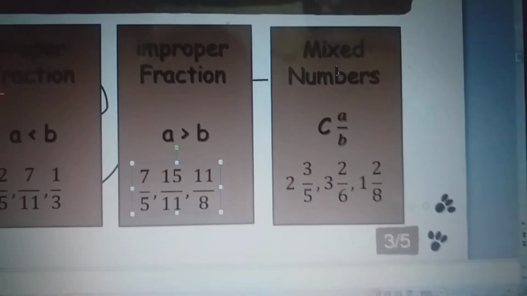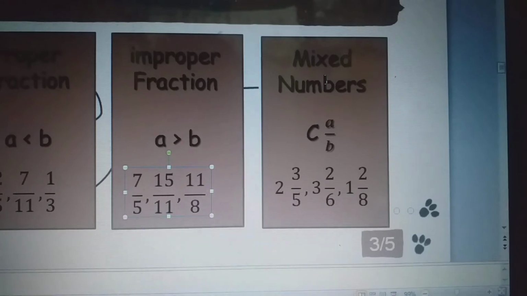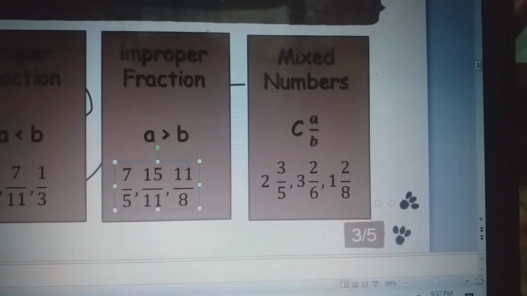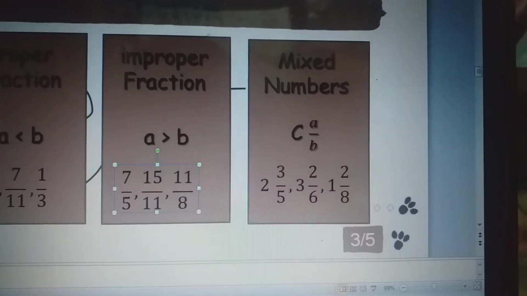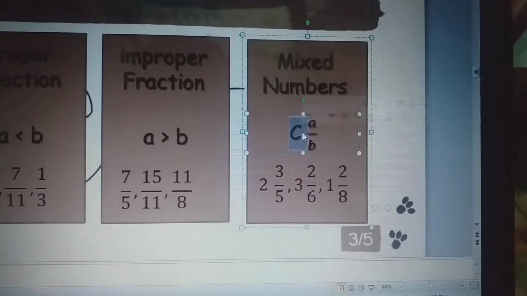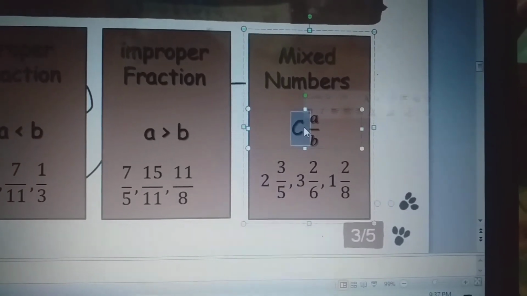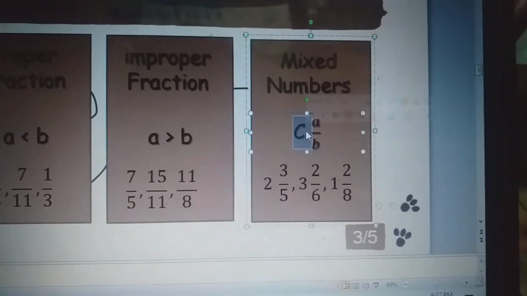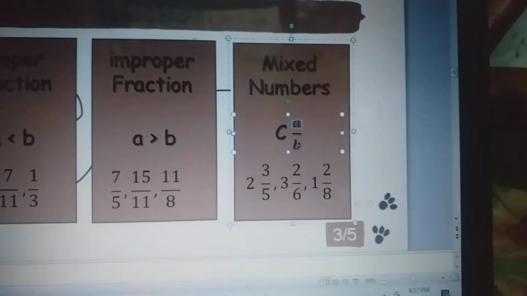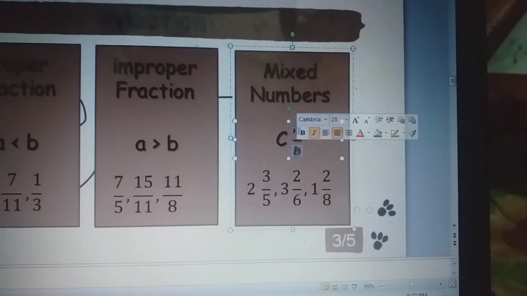Okay, mixed numbers class, so it is composed of a whole number and a proper fraction. So, binubuo siya ng isang whole number at saka proper fraction. And it is denoted by this letter, capital C, stands for the whole number, and the proper fraction, A over B. Okay, uulitin ko.